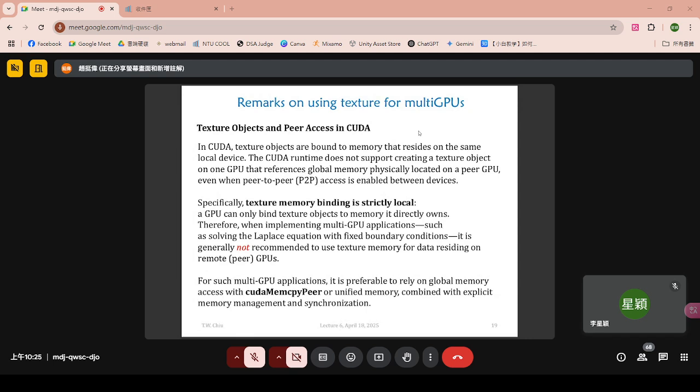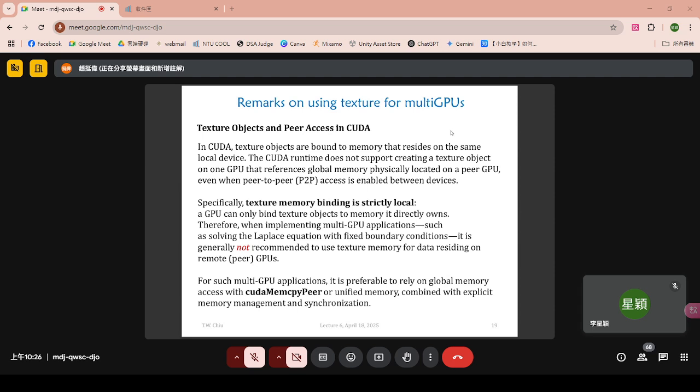For the moment, we cannot use texture to speed up multi-GPU applications. Using peer-to-peer access, you can still get a speedup, but if you think you can use texture to enhance the speed even more, that is impossible because of the restriction of CUDA.